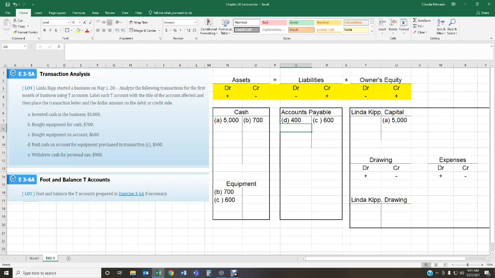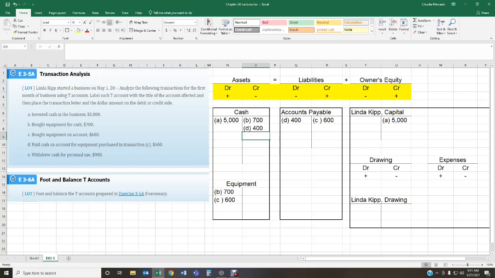So what's happening to your cash if you make a payment? Your cash is going to go down. Okay, so your cash is going to decrease. You decrease cash by crediting it $400. So accounts payable gets debited $400 to decrease your liability. Cash is credited $400 to decrease your cash.